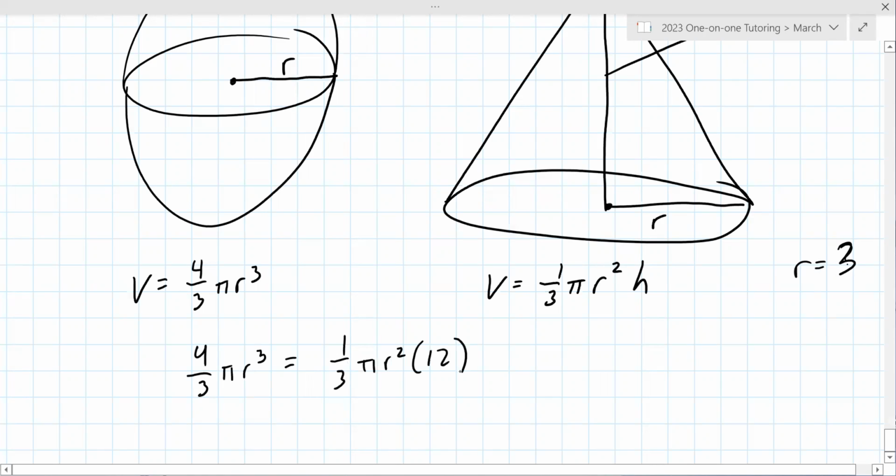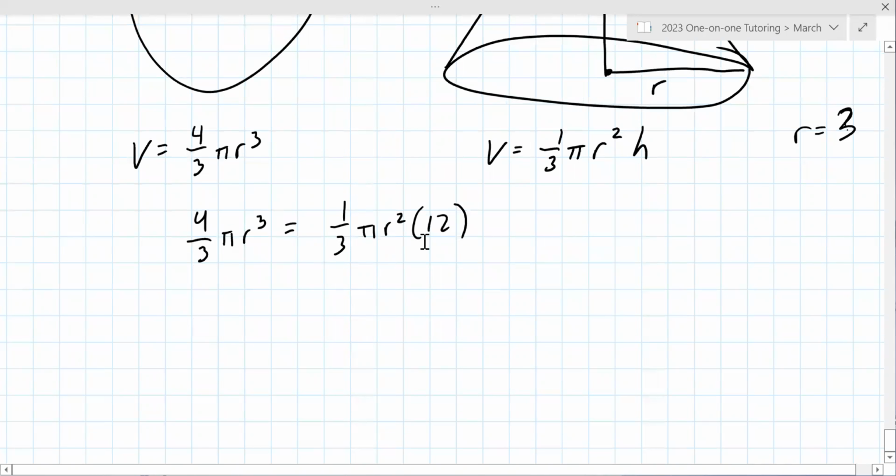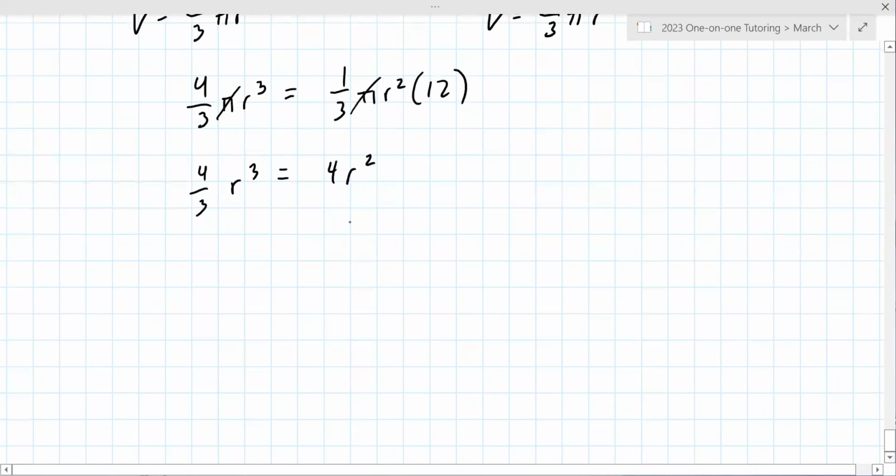So like you said, 4/3 pi r cubed is equal to 1/3 pi r squared times h, and our h is 12. Here's what I noticed: 1/3 times 12 is 4. The pi's immediately cancel, so you've got 4/3 r cubed equals 4r squared. You actually don't want to divide, but that is kind of how they would show it to you. Rather, subtract from both sides: 4/3 r cubed minus 4r squared equals 0.